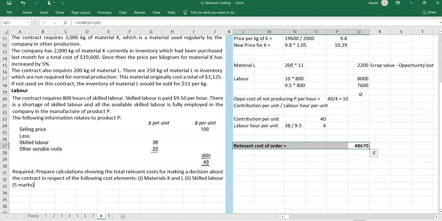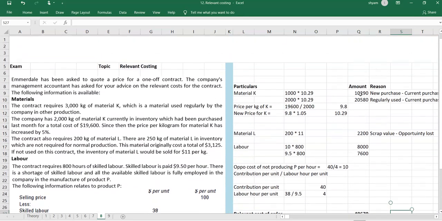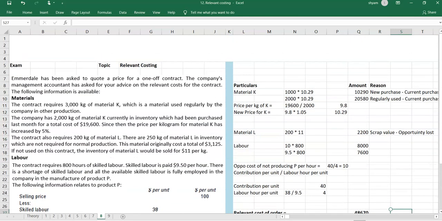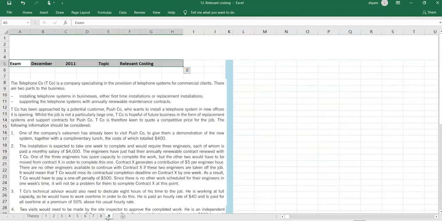Okay, it's 48670. So that's about the sum. It's a 5-mark sum, but still it is a little bit lengthy kind of a sum. So we'll move on to the next one.